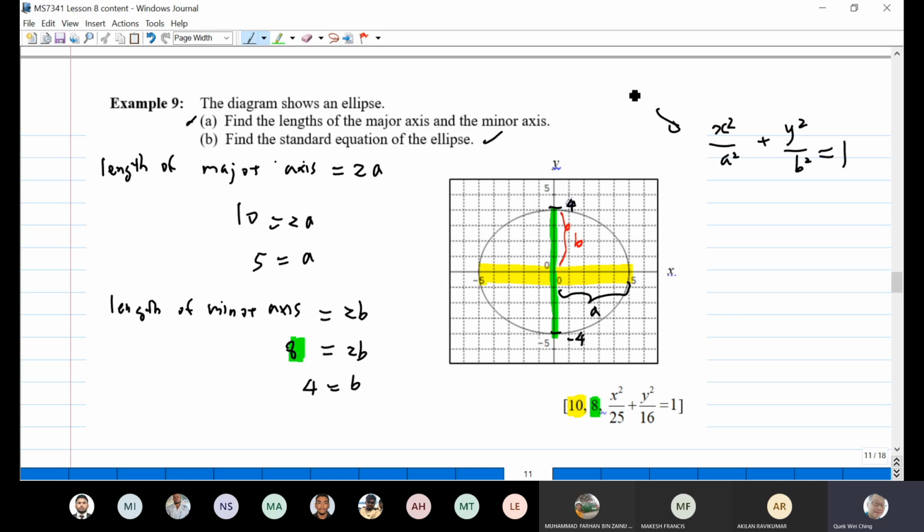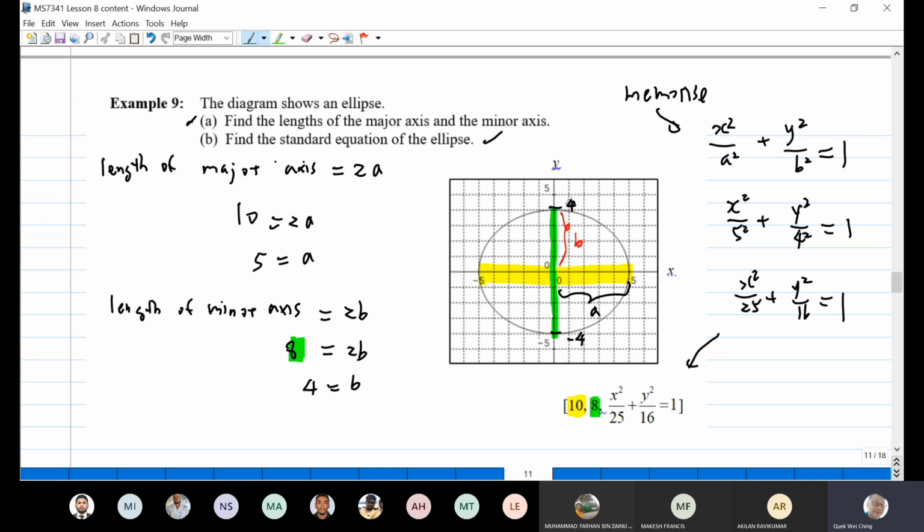Now memorize this. So a is equal to 5, so 5 squared, and b is equal to 4, so 4 squared. Eventually we get x squared over 25 plus y squared over 16 equals 1. And that's how we get this equation.